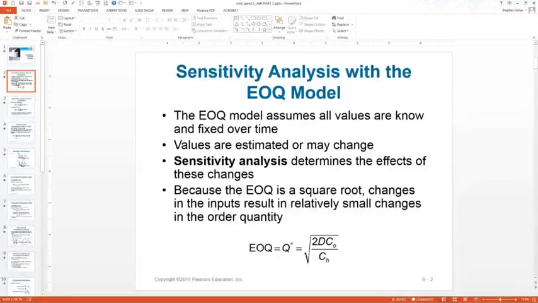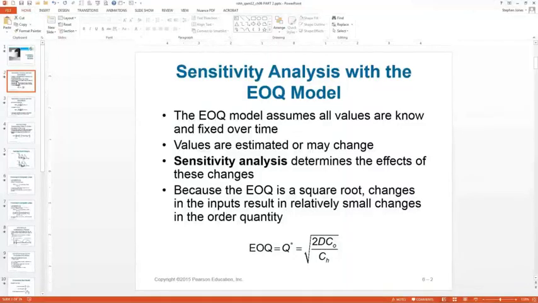As a result, there are changes that are going to happen. Because we're looking at square roots here, those values are not necessarily going to change a lot when there may be fairly decent variations in the underlying costs. So that's a good thing, and it's also a bad thing.